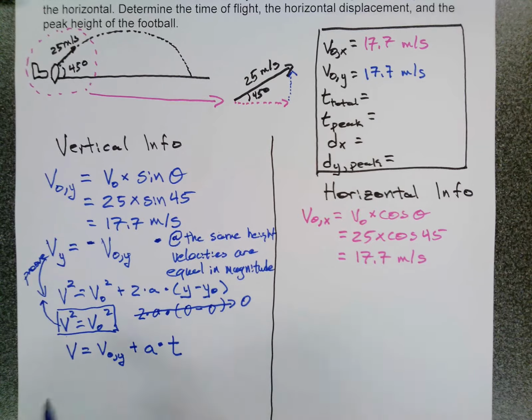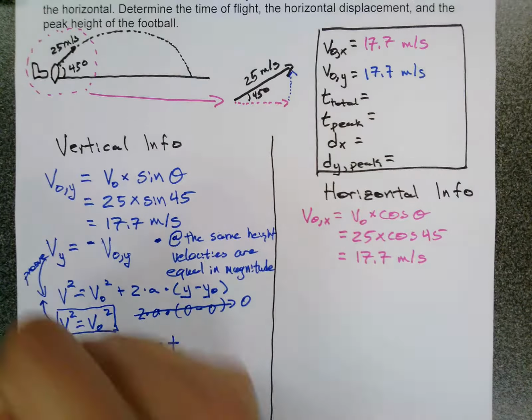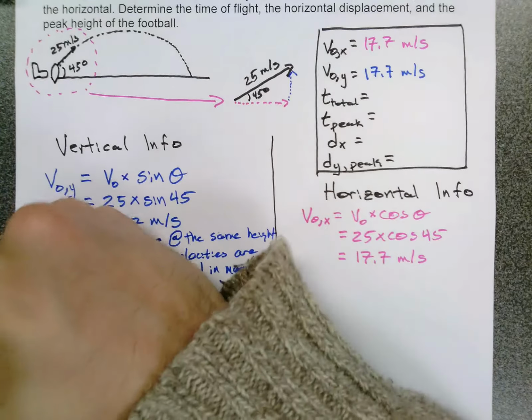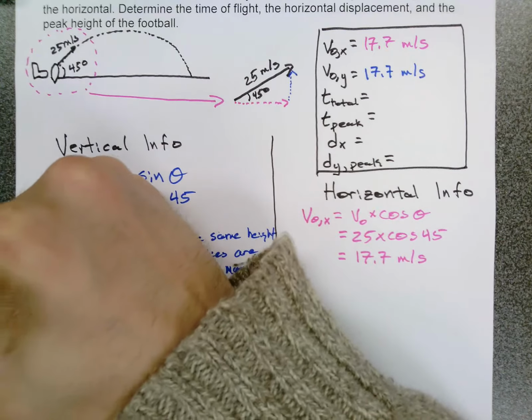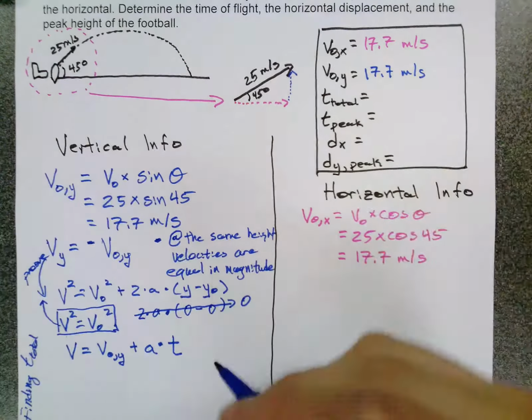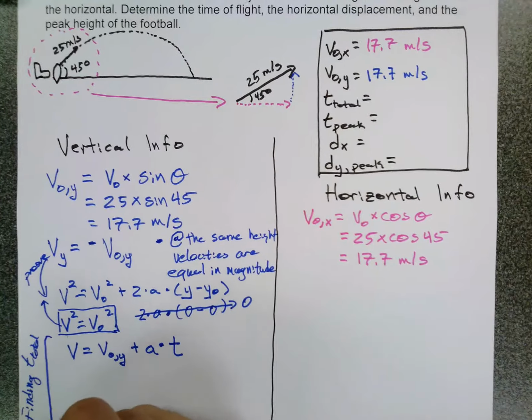We know that, and actually I'll label this finding time total. We know that our final velocity is negative 17.7.